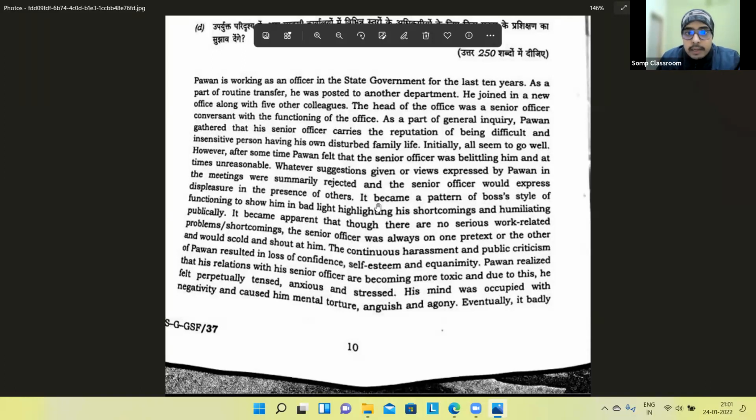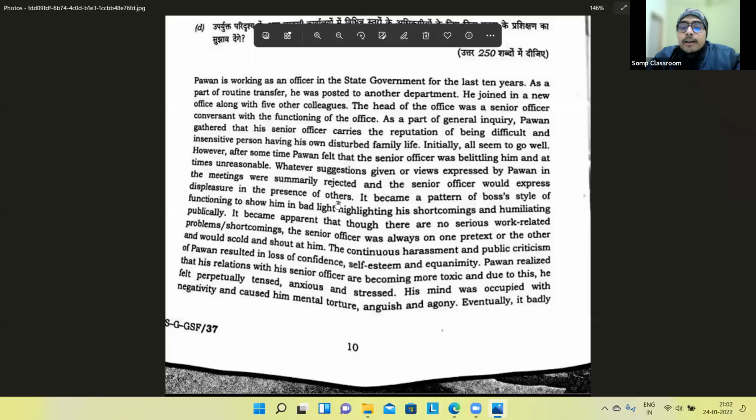It became apparent that though there are no serious work-related shortcomings, the senior officer was always on one pretext or other scolding and shouting at him. So now it is a continuous phenomenon. It might be a case that you have studied that work culture is the keyword here.